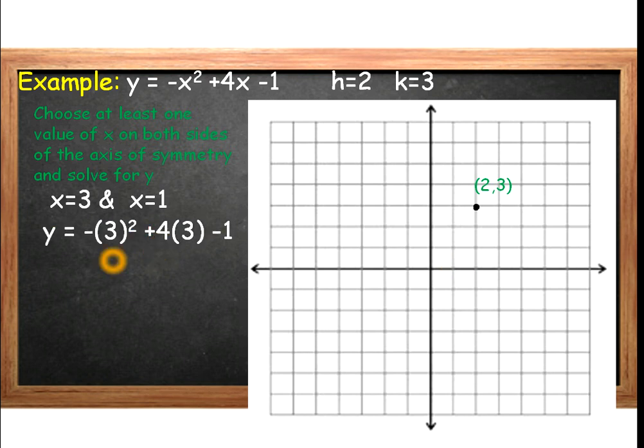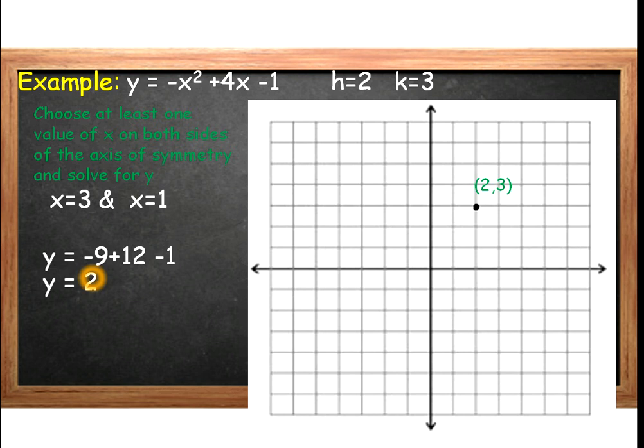If x is 3, substituting x as 3, we have negative 3 squared plus 4 times 3 minus 1, which will give us negative 3 squared is 9, 4 times 3 is 12, negative 1. Simplifying, we have the value of y as 2.